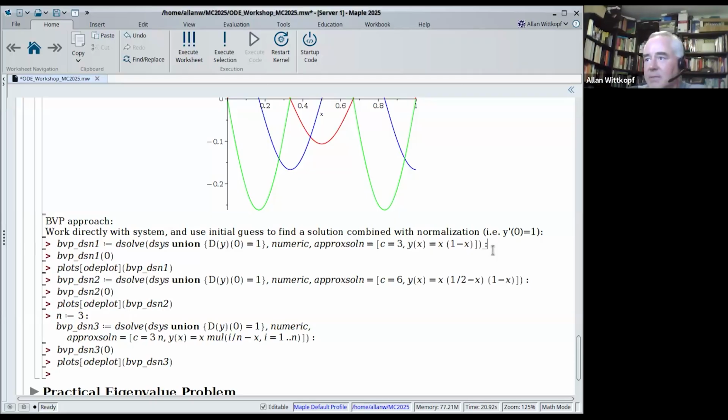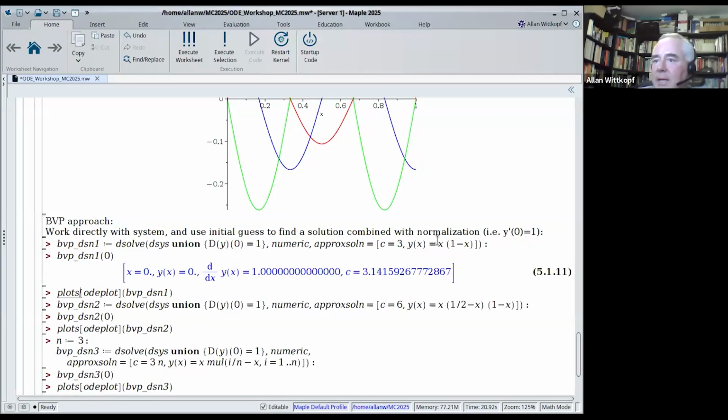I've created the simplest thing, a polynomial that's 0 at either end, which I know is my boundary conditions, and some value for c. And we can ask for the value at 0. Once it's obtained the solution, the value at 0 is the expected thing because we've got the conditions that we asked for. But the interesting thing is that the value at 0 gives us the parameter value directly to be able to read it off.